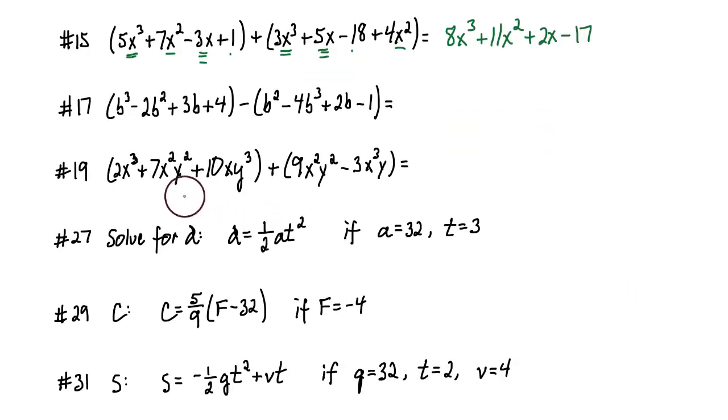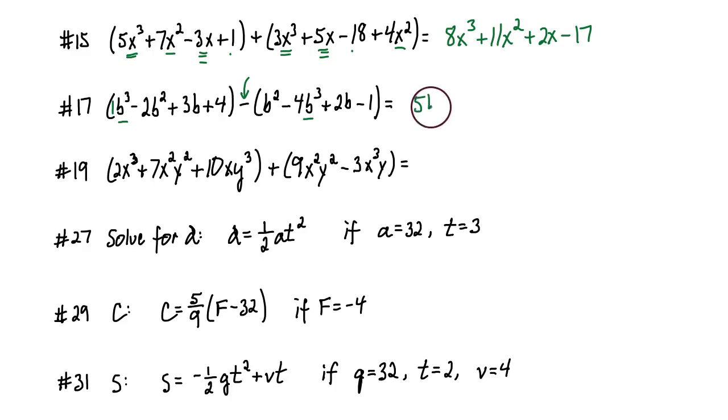Number 17 is a very similar problem, but this time there's subtraction in the middle. The highest degree term is to the 3rd power. So let's find the b to the 3rd power terms and simplify. We have 1b to the third subtract negative 4b to the third. So 1 subtract negative 4.